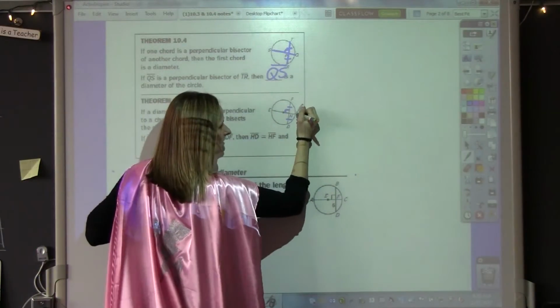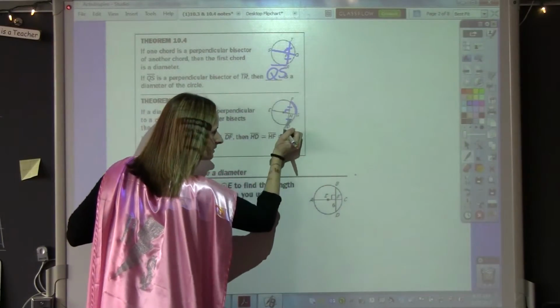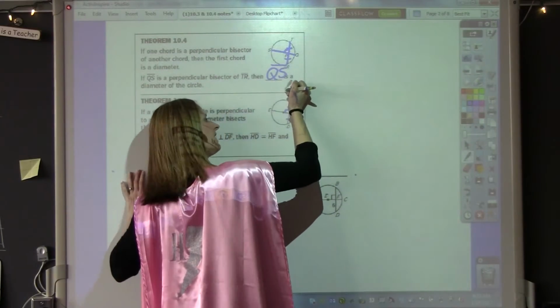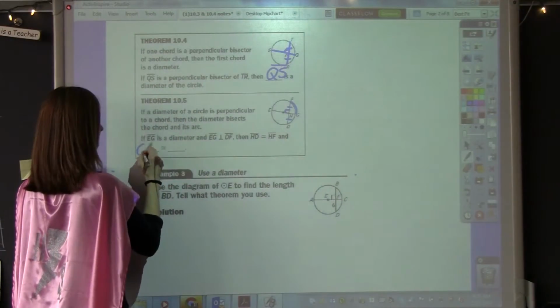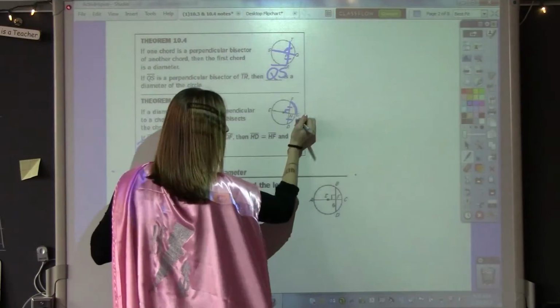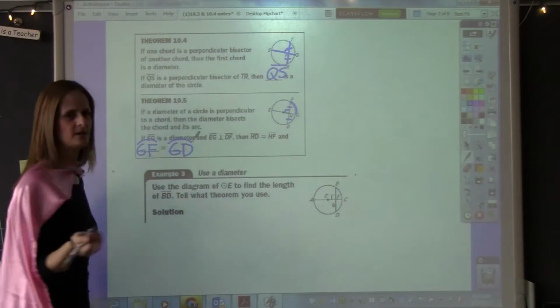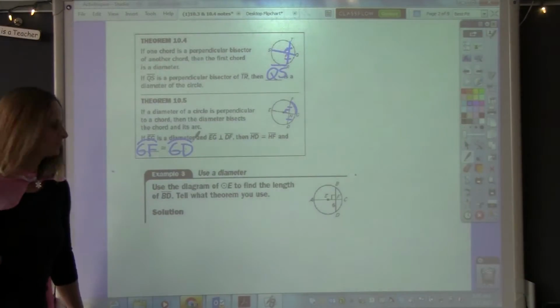So this arc is congruent to this arc. So GF is congruent to GD. How are we doing? Good.